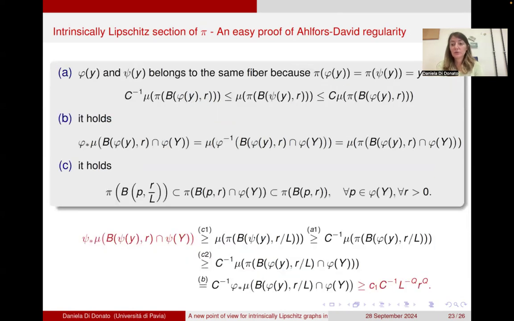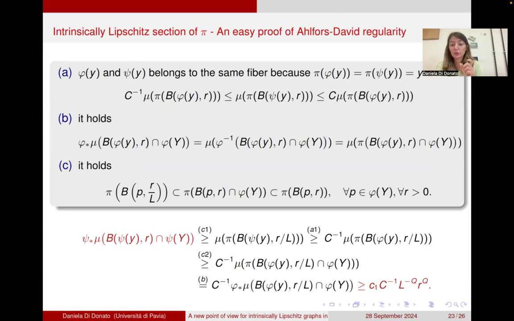We use just 3 properties. A: the fact that phi(y) and psi(y) belong to the same fiber. That means that pi of phi(y) is equal to pi of psi(y) is equal to y, and we have this inequality.